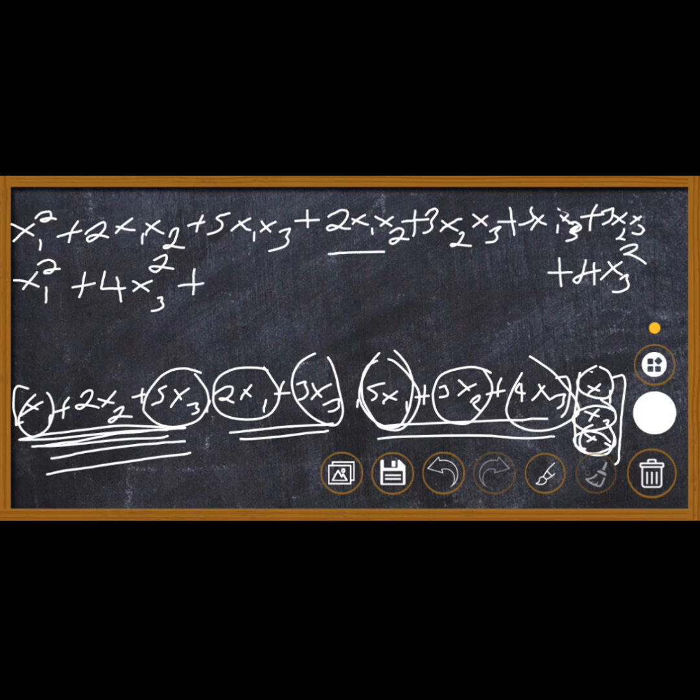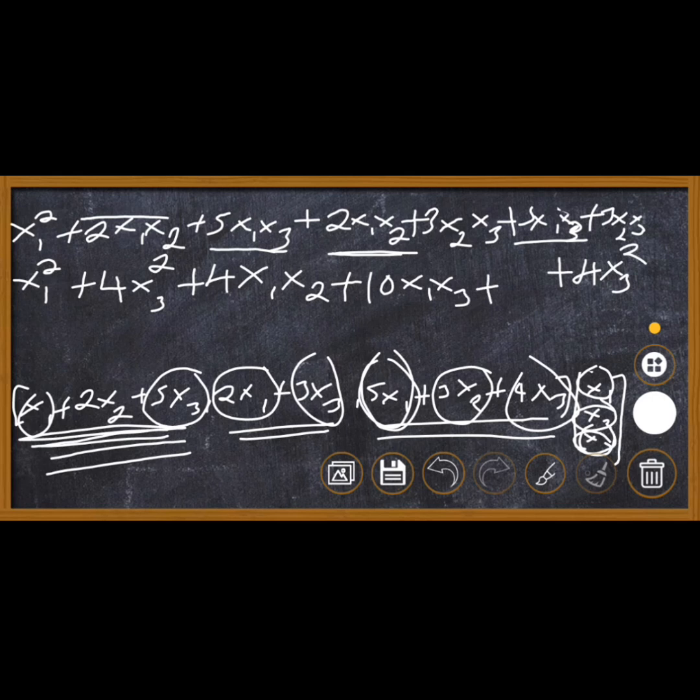If you see this one and this one have the same values, we have 2x1x2 and then even here we have 2x1x2. So we are going to add. So in this case we are going to have 4x1x2, then plus. What other things do we have in common here? We have 5x1x3. We also have 5x1x3. So 5 plus 5, that is 10. So it's 10x1x3.